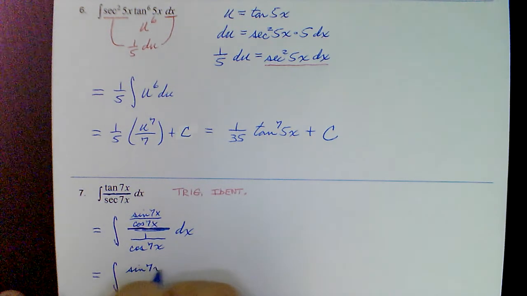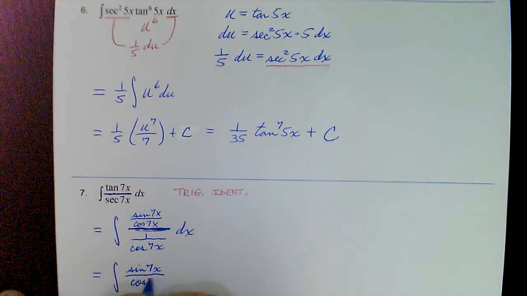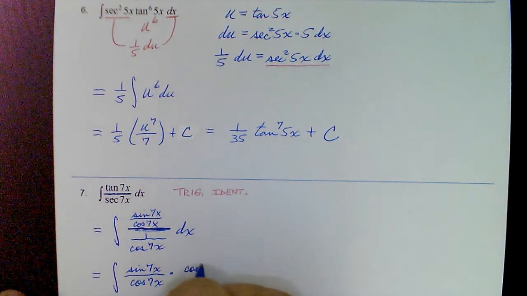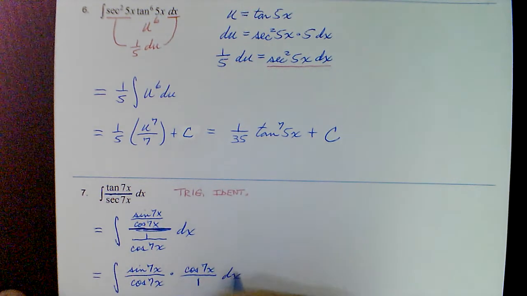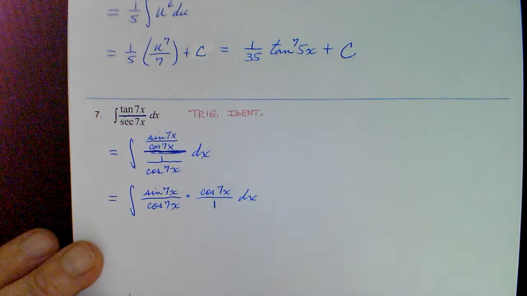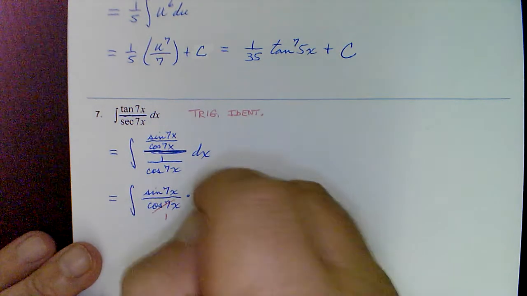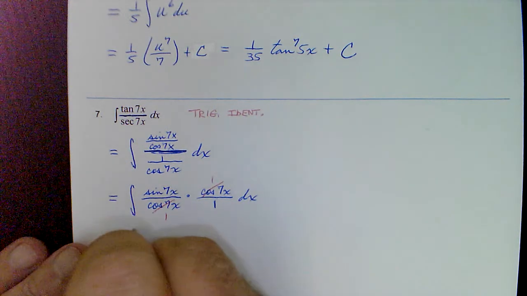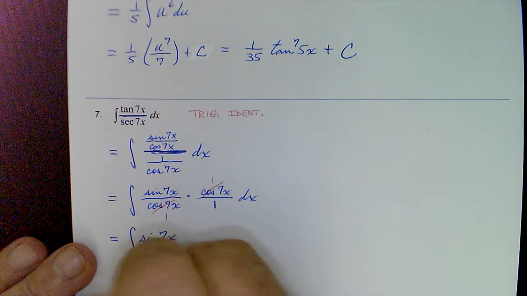So the sine of 7x over the cosine of 7x times cosine of 7x over 1. So the reciprocal of the denominator. We can now cancel the cosines. And this was just the sine of 7x in disguise.